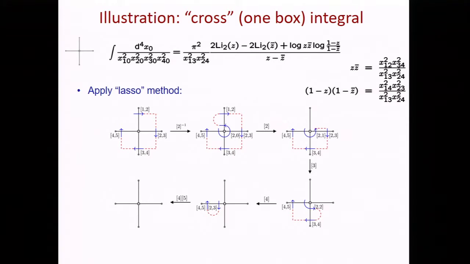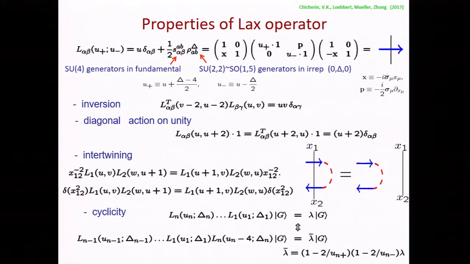What we do, we insert, using, probably I should remind you, this property, action on 1. We insert simply a constant up to some factor u+2. Insert a constant inside the graph, but integrating by parts, which means that you act by the derivative inside the integral.